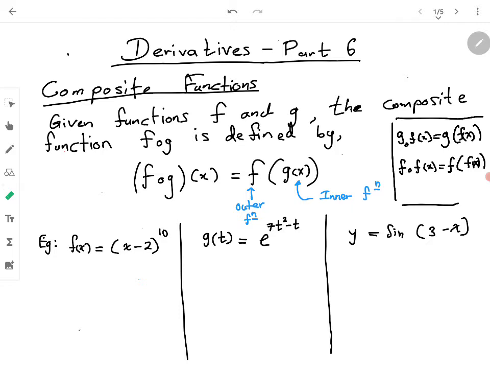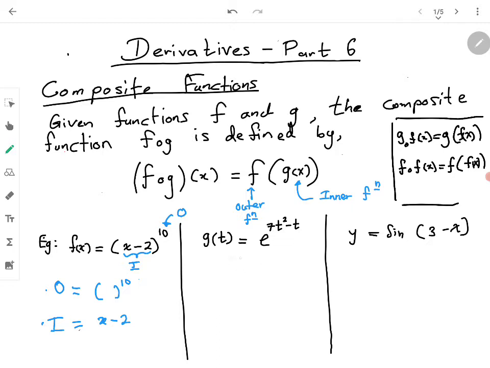So this acts as a power function, and the outer function is the power, and what's inside here is the inner part. So here the outer function is the power part, and the inner function is whatever's inside there. So that's x minus 2. So this is important because the chain rule depends on the outer function part and the inner function part.